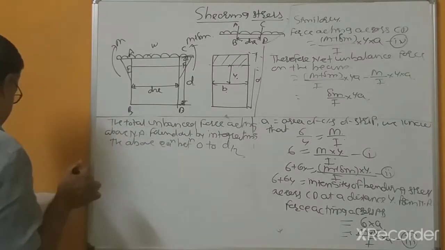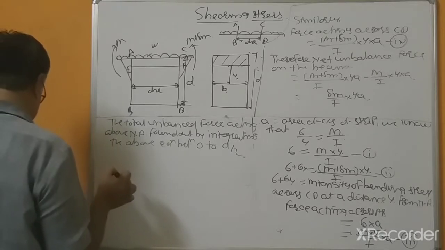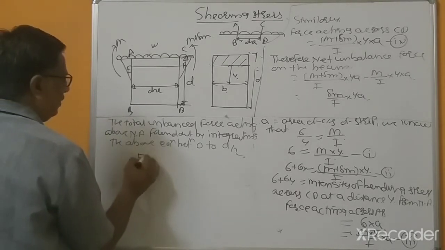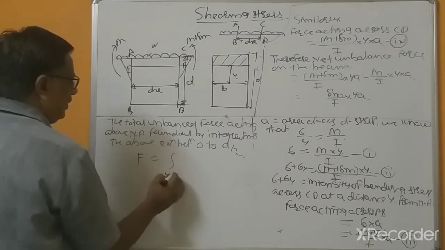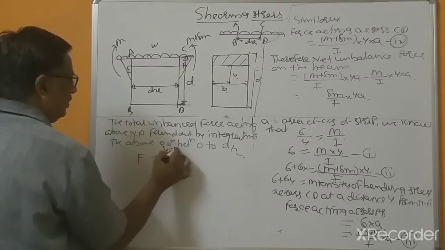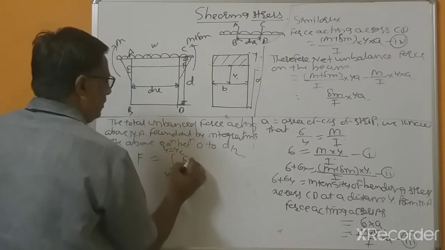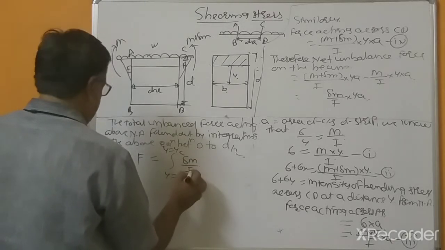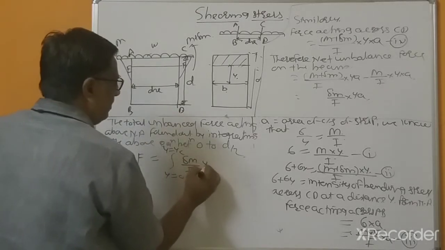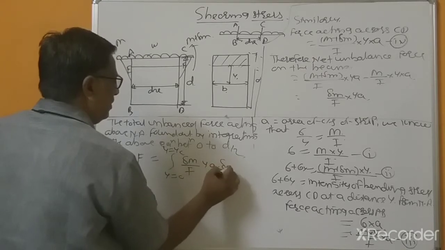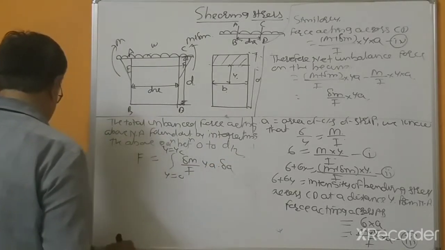So F equals the integral from y equal to 0 to d by 2 of delta M divided by I multiplied by y a, into delta y.